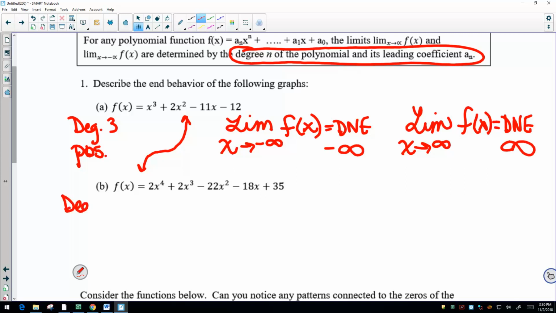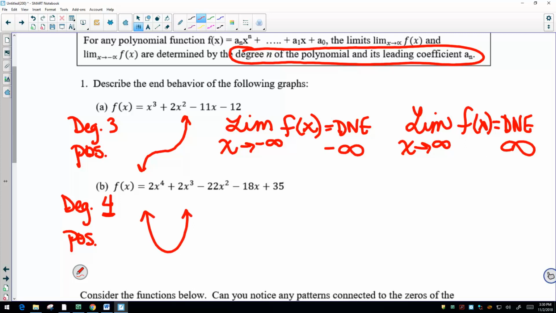If I'm looking for the degree, I'm finding my largest exponent, maybe not necessarily the first, but the largest, so it's a degree 4. And again, I'm noticing it's positive. So because it's an even exponent, it works like an x squared graph or a parabola. Because it's positive, I know it's going to open up.